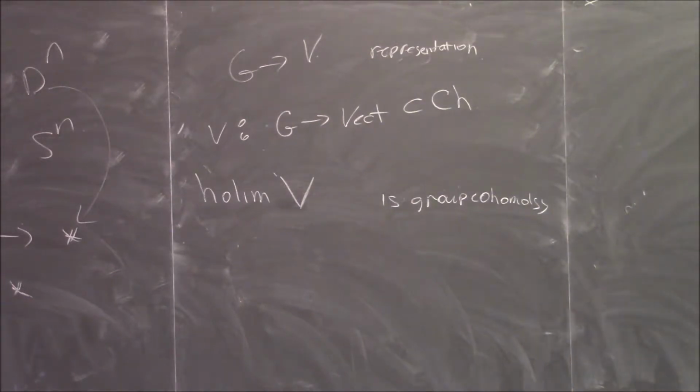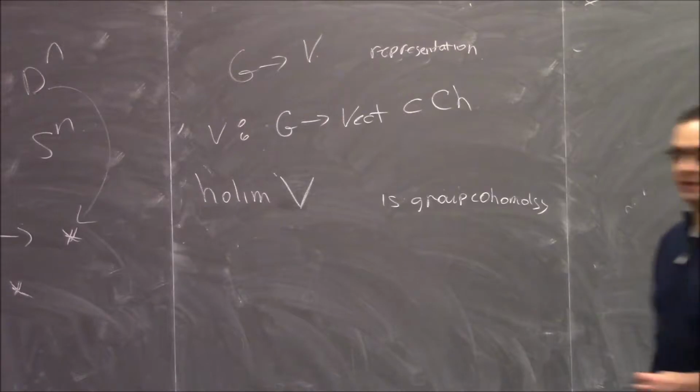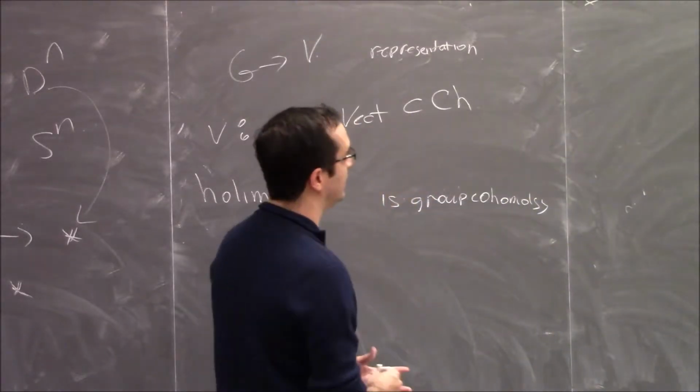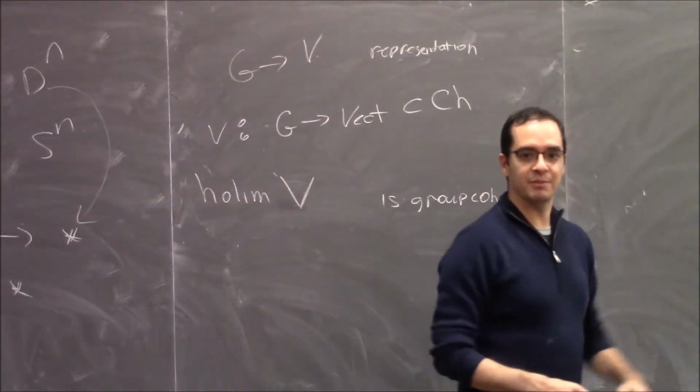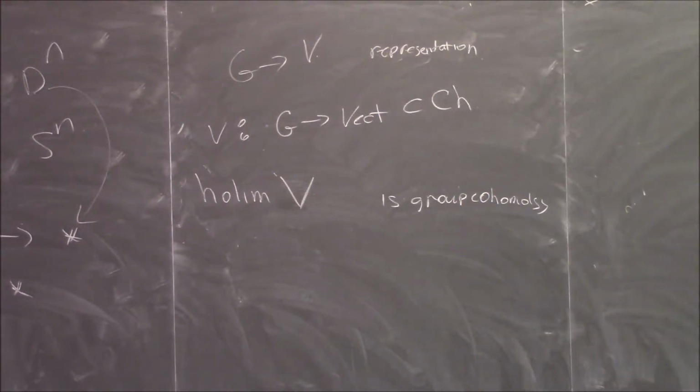Another thing he said was that you can describe just about any cochain complex as a homotopy limit, and then homotopy colimits would give you chain complexes. Okay.